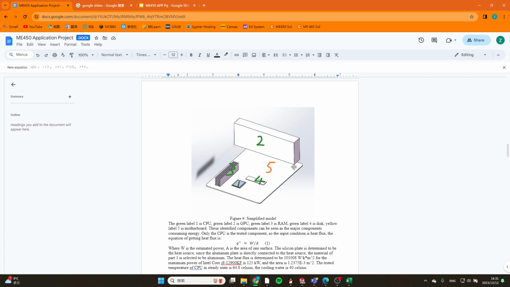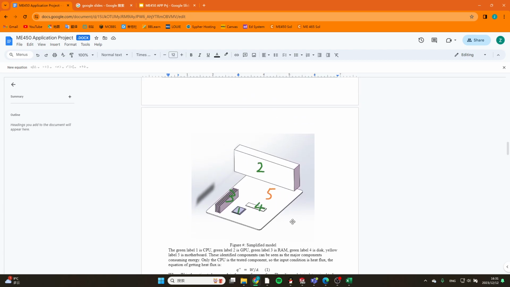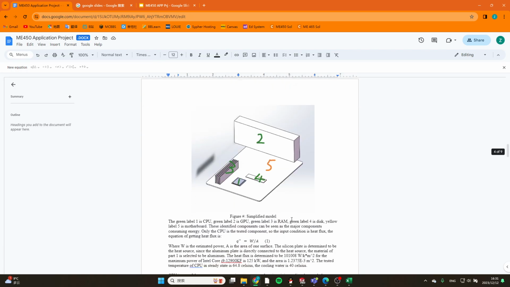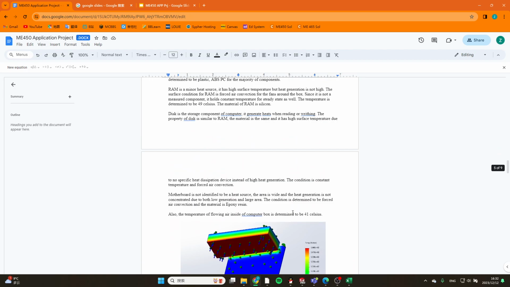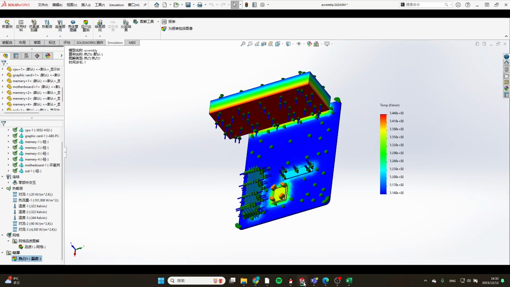And the motherboard doesn't have any heat generating source that can be considered compared to these guys. So it's not generating heat, it's just a convective surface. That's the model of the project. And let's go to the demonstration part.